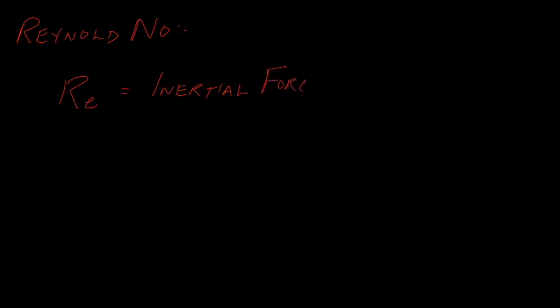The question is, what is a Reynolds number and why does this number distinguish these flows? The Reynolds number is denoted by Re, and it is equal to the ratio of inertial forces divided by the viscous forces.